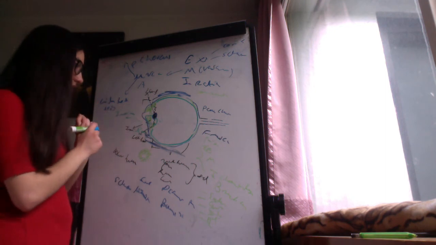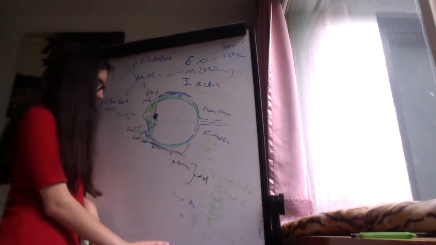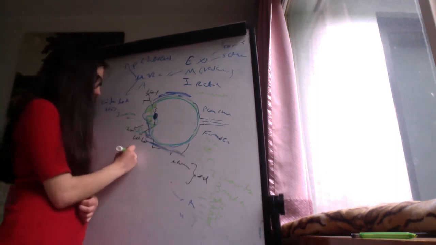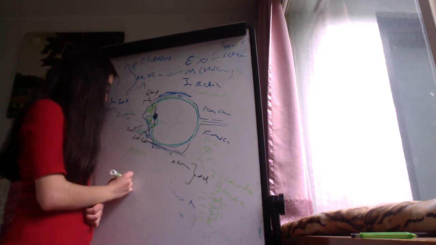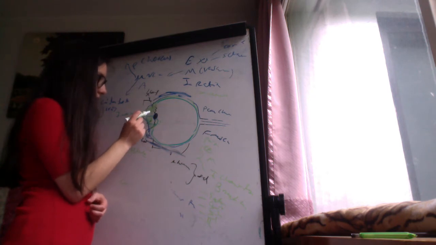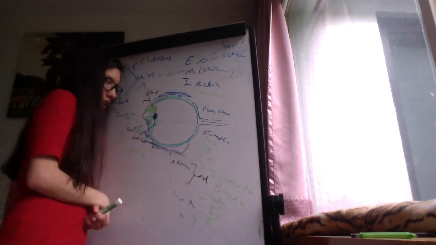So now let's go to the ciliary body. The ciliary body contains the ciliary muscle and the ciliary processes. This is the ciliary muscle, and these are the ciliary processes that are deriving the zonular fibers that make the suspensory ligament of the lens.